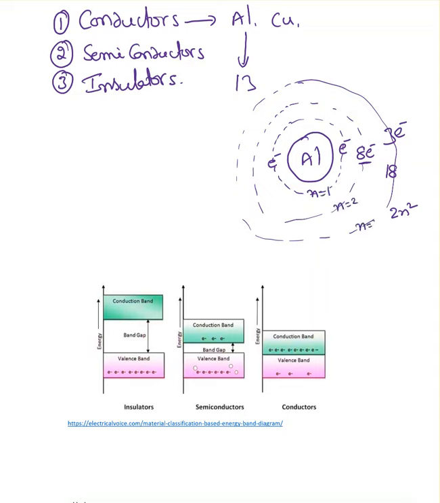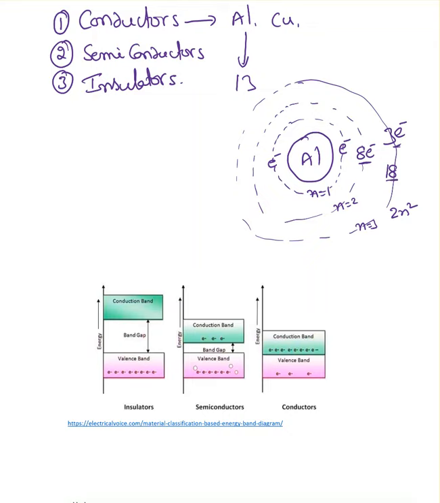So for the third orbit, n equals 3, squared is 9, times 2 is 18. So it can hold up to 18 electrons. Getting 15 more electrons is too difficult, but it's easy for aluminum to lose these 3 electrons and get stability.